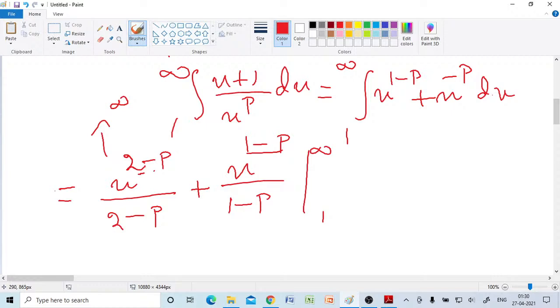So in order to make this particular thing finite, we must say that 2 minus p is less than 1 and 1 minus p must be less than 1 too. Okay. Now obviously p can't be equal to 2 or p can't be equal to 1, which is quite obvious because in a denominator we can't have zeros.